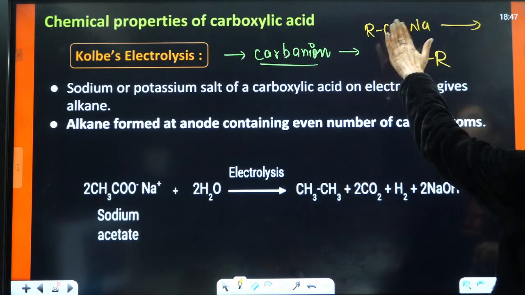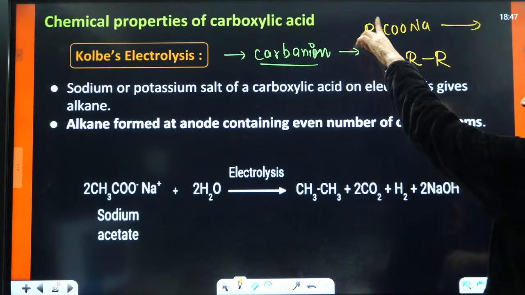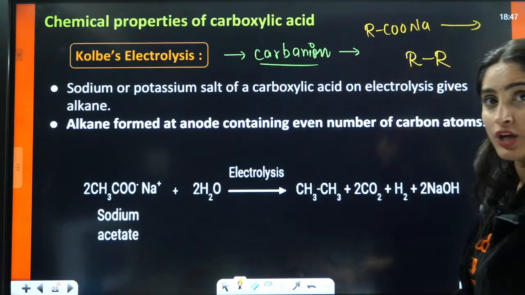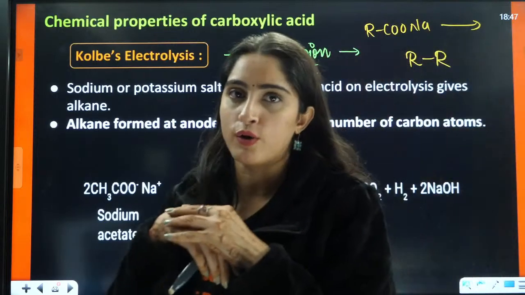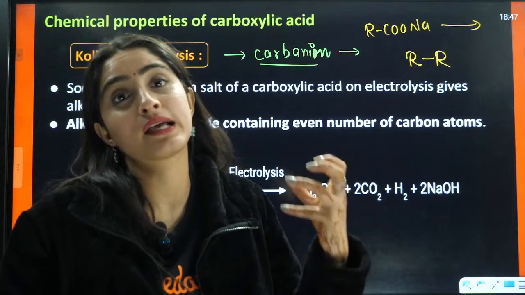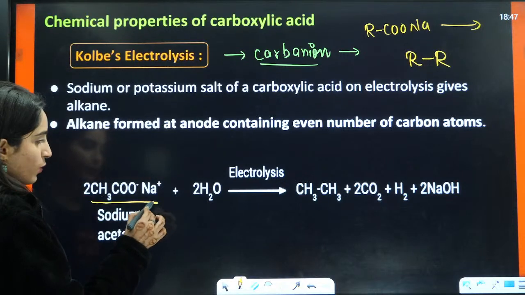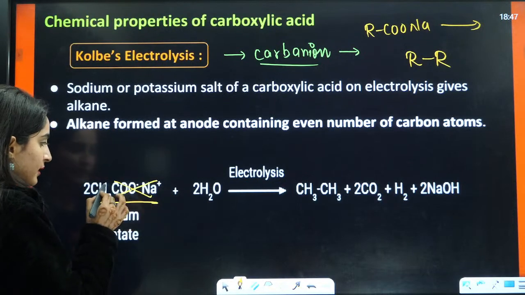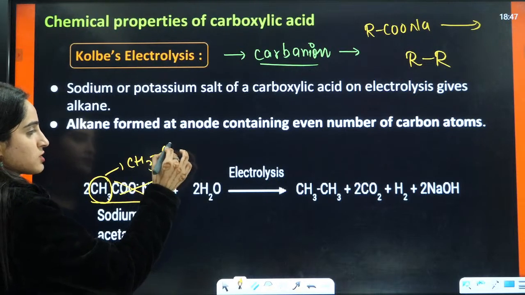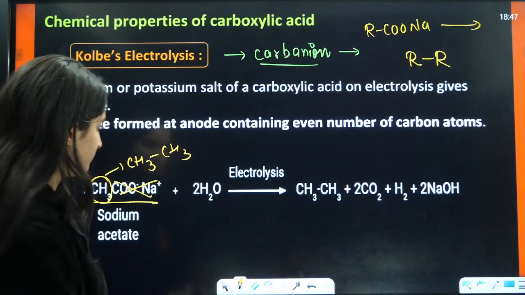That means CO2 will be eliminated, and the rest of the R will be attached to one more R chain, giving double the alkyl chain that is in your carboxylic acid. For example, you had CH3COONa; doubling gives CH3-CH3, that is the answer, right?